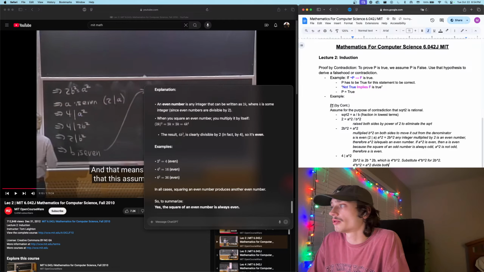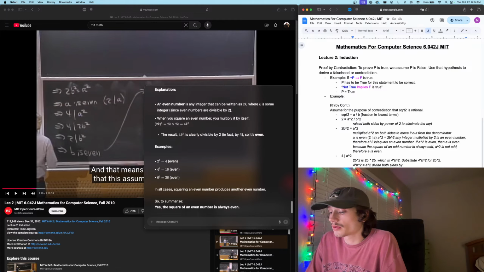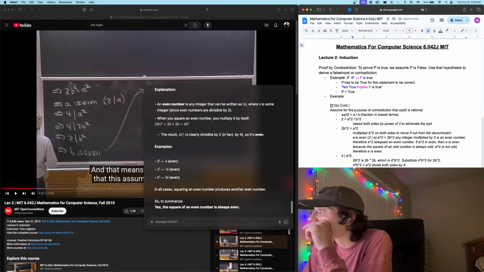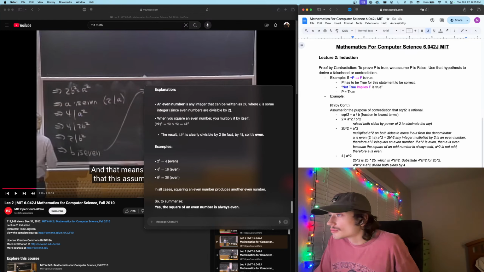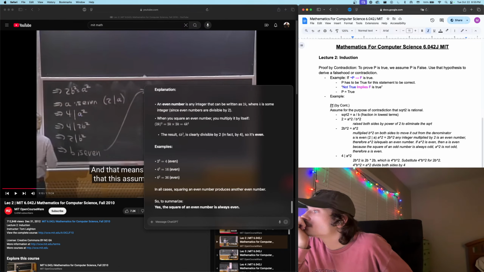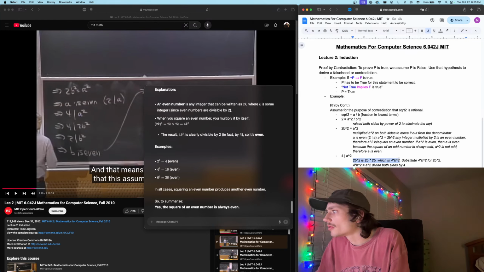Want to divide both sides by 4. So they need to put this up here.